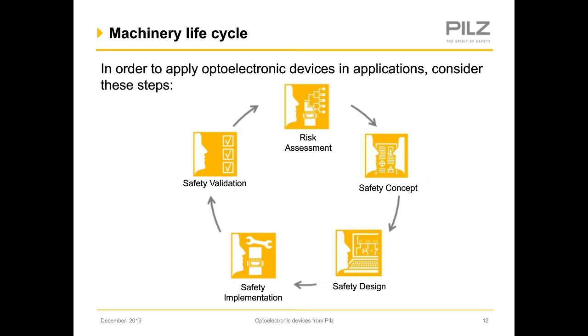Now, in your concept, this could be hard guarding in conjunction with movable guards or fixed guards and the like. And if these devices, the optoelectronic devices, are a way to go and bring a solution, then in that square 3 there, safety design, this is when you would specify these devices to your calculations and the like, and create your drawings.